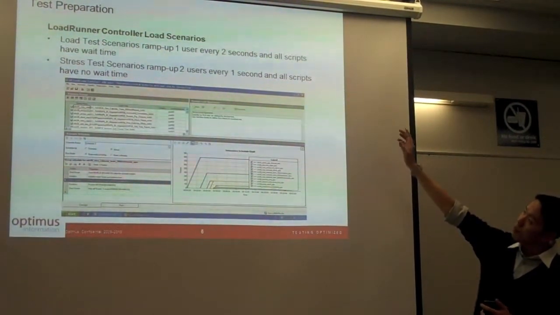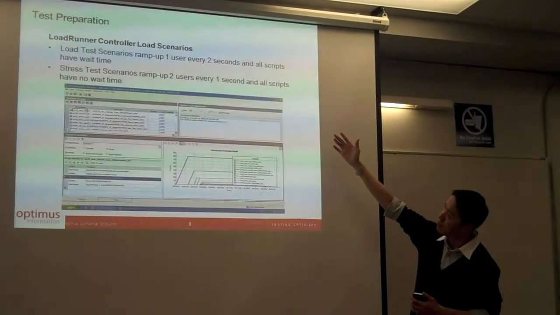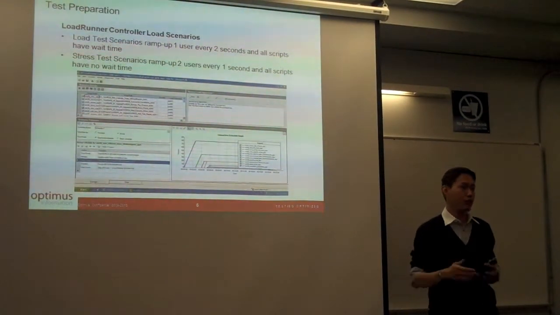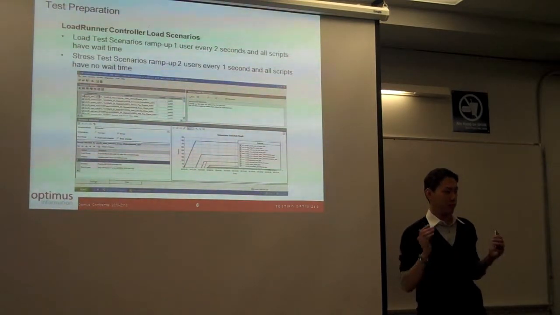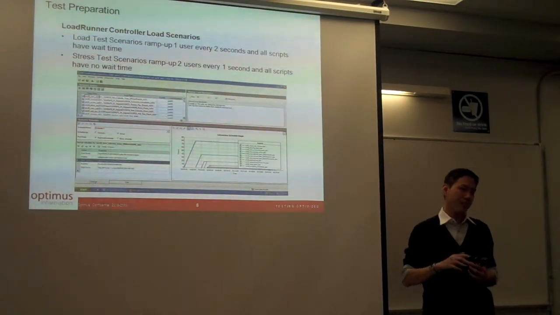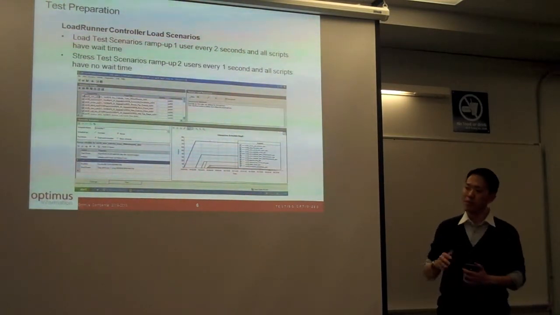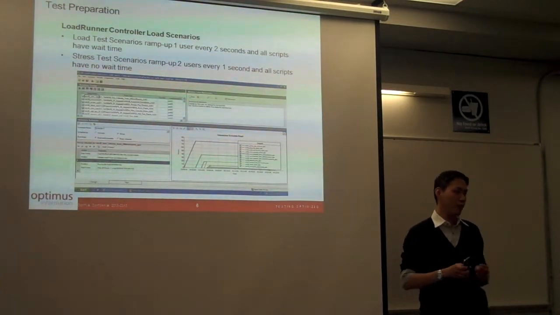And the ramp-up rate, just like I said, we can control that, and in a stress test scenario, we can ramp up like 10 users every second to see if the system can handle that kind of users hitting the system at the same time. But in a more realistic usage, in enterprise application anyway, maybe 1 or 2 users every second should be a good ramp-up rate.